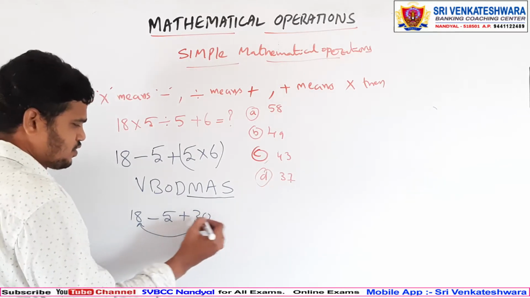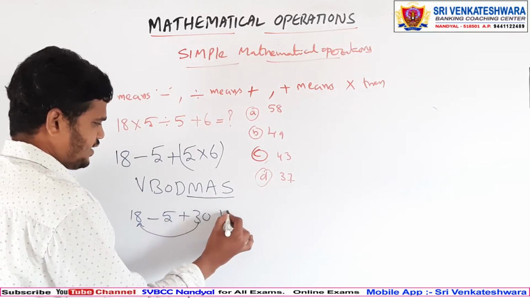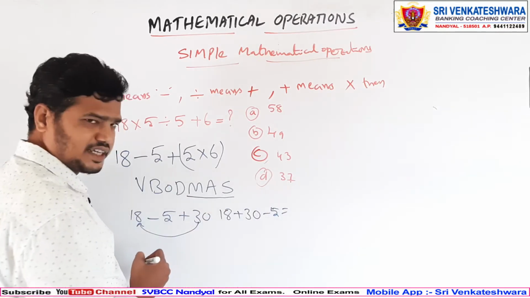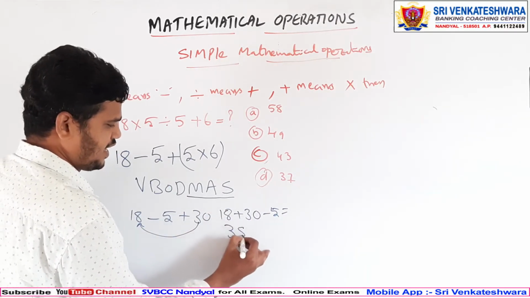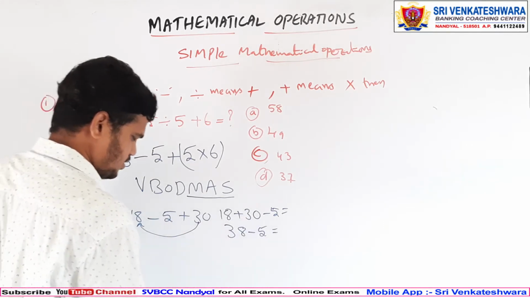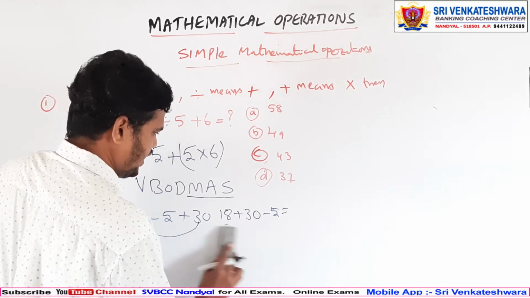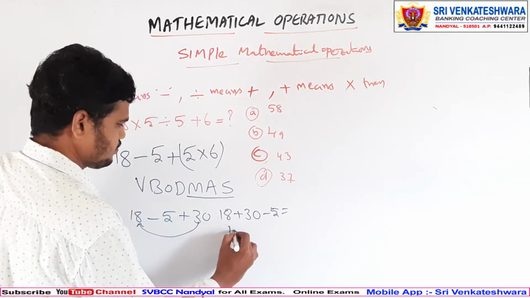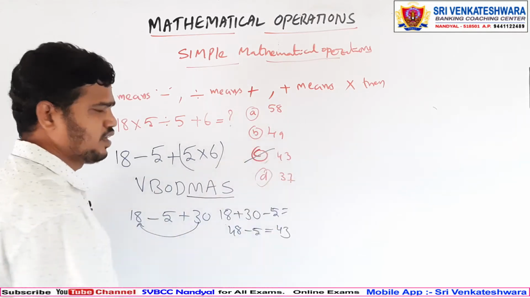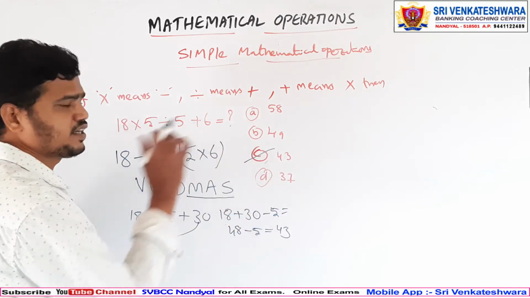So 18 plus 30 is 48, minus 5 is equal to 43. This is your correct option.